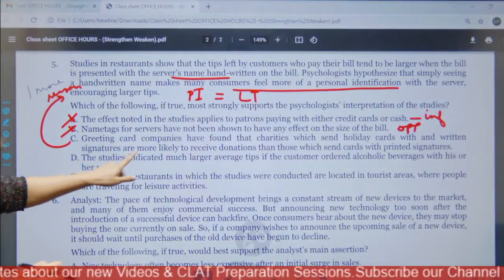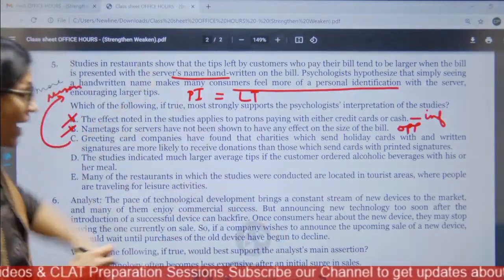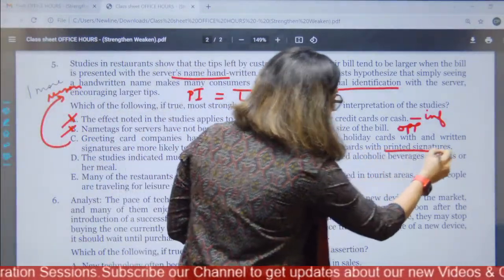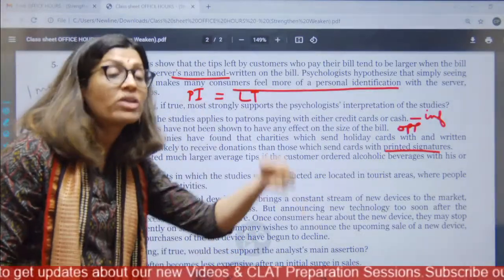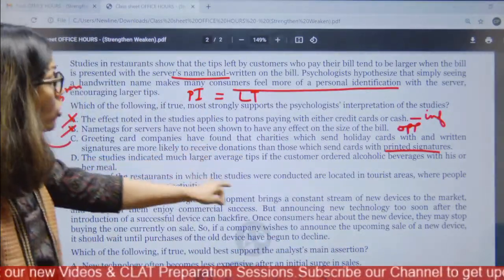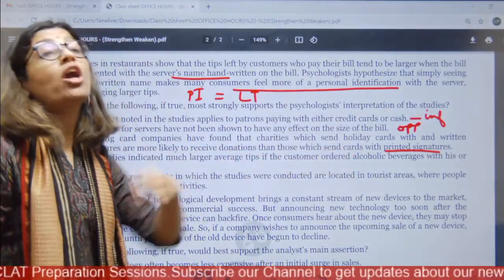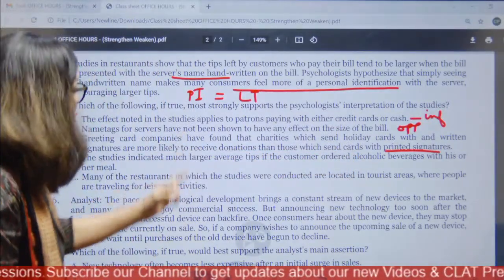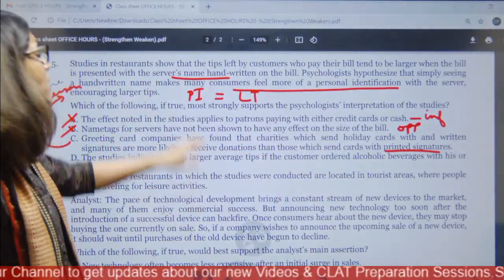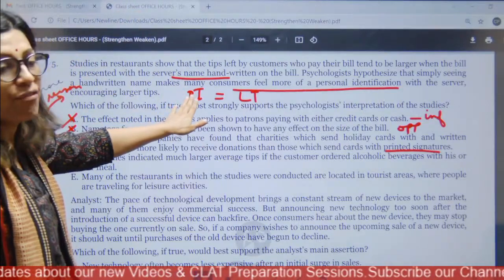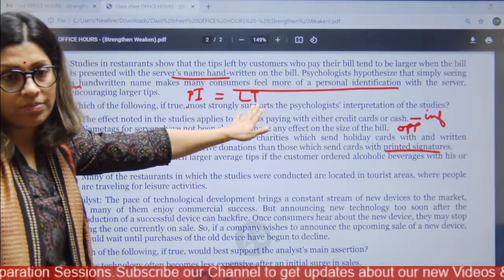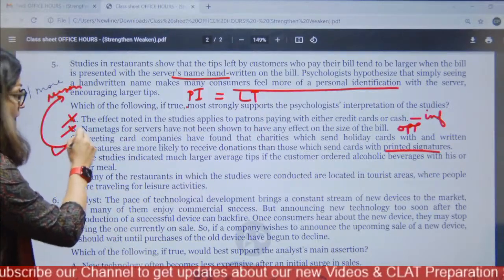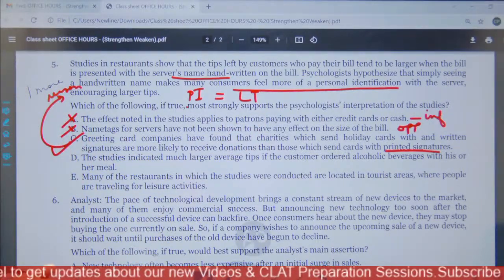C tells us about another situation where signatures or names are the ones that lead to actual donation, whereas those that do not sign a name do not lead to any donation. So that means there is a relationship between personal identification and tips or money or donations. So C is our answer.